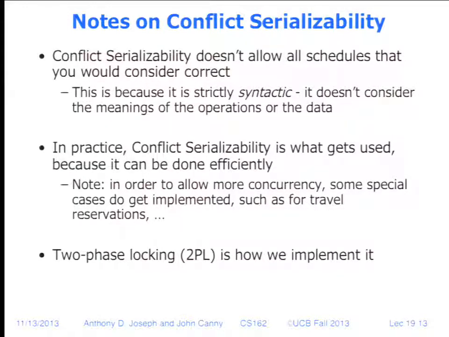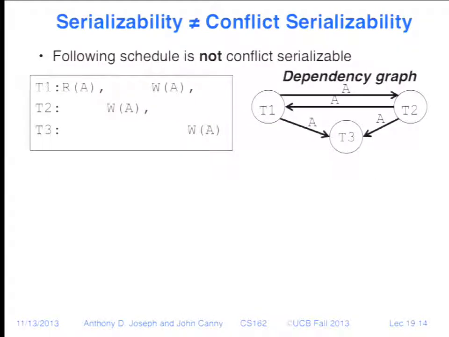As the transactions are being executed, it'll allow them to interleave to a certain extent, as long as there's a corresponding serial execution. So that's the idea of two-phase locking.